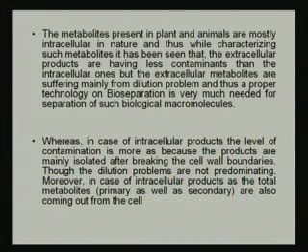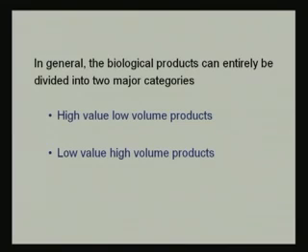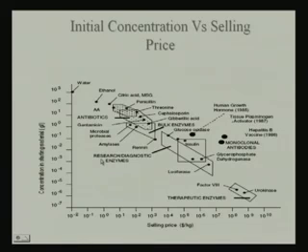Now, what I have already discussed is intracellular and extracellular, and the high value low volume product and low value high volume product. Here is a very interesting graph. If we see this graph, we can find that it starts with water.